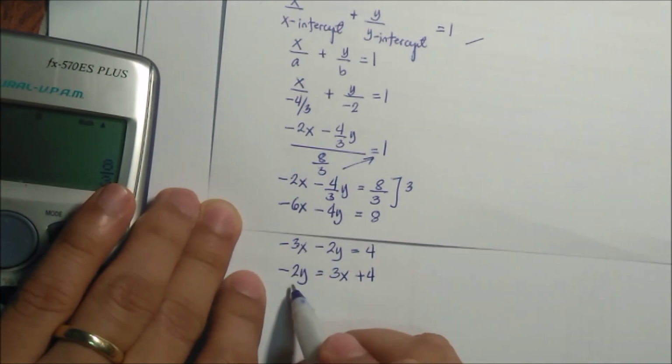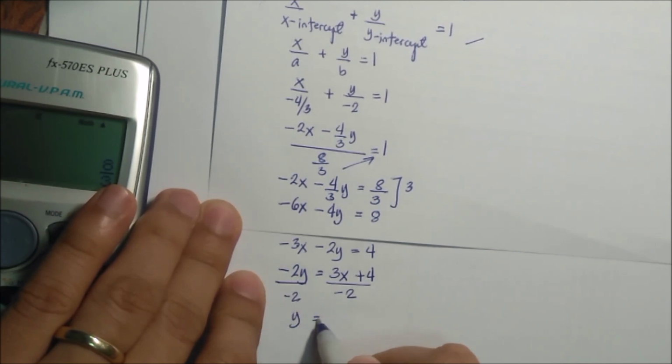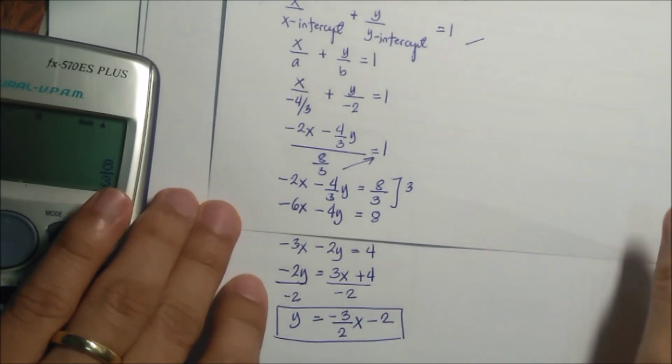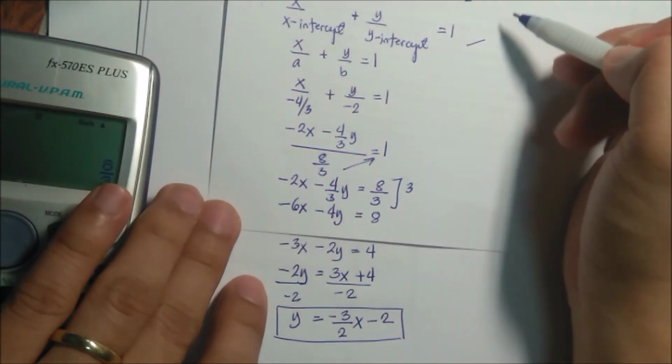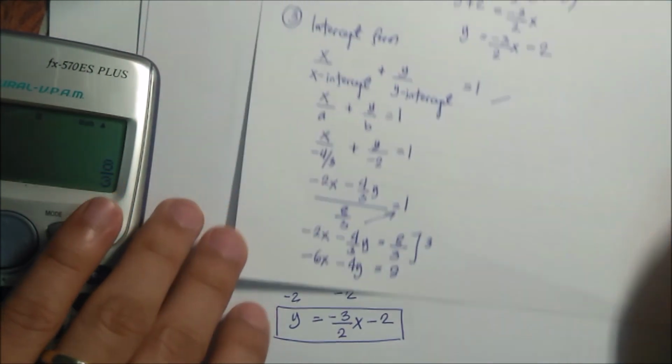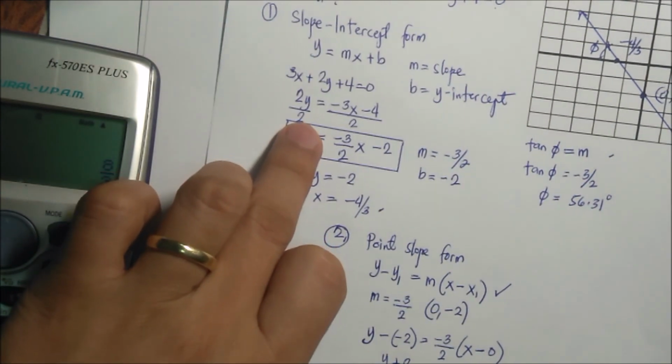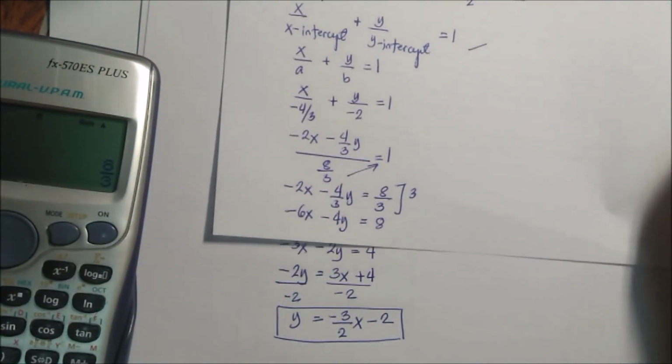Transpose this one. Divide both sides by negative 2. y is negative 3 halves of x minus 2. So we still come up with the same equation as a while ago. This is also the same. Okay, so that's it.